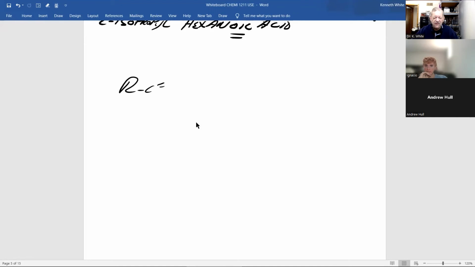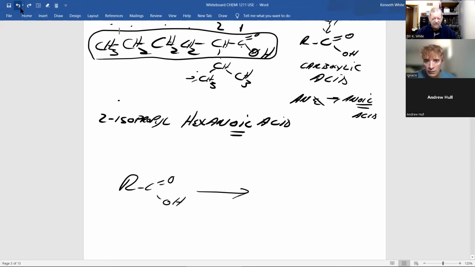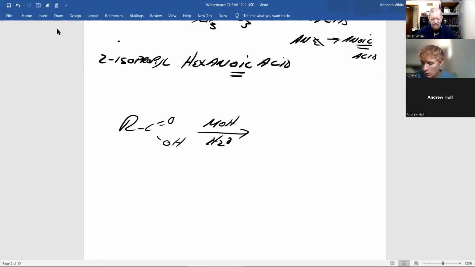So if I have a carboxylic acid reacting with a base, sometimes you'll see me do it this way. Better yet, let's make it more general: MOH, where M for this class can be sodium, potassium, or lithium. And this is an acid.